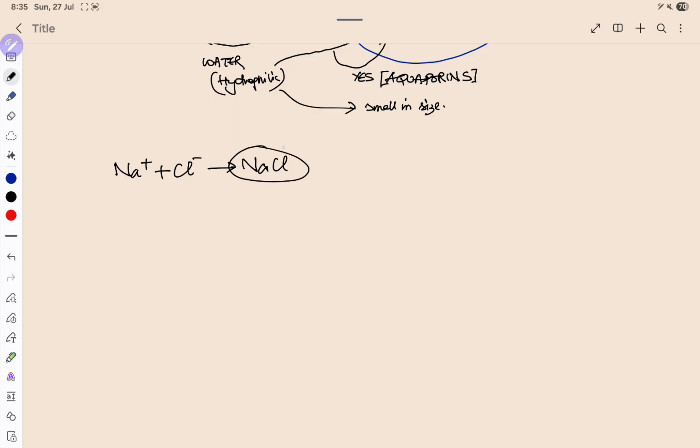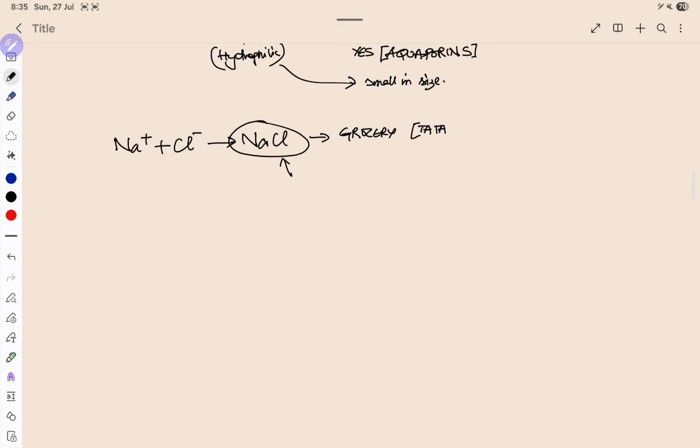I'll just purchase this common salt from the grocery store. The brand could be Tata or Annapurna etc. I believe you will also purchase sodium chloride directly from the grocery store for the purpose of eating your curry or lunch or dinner.